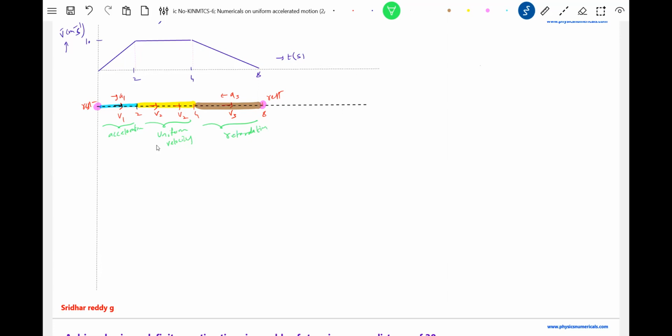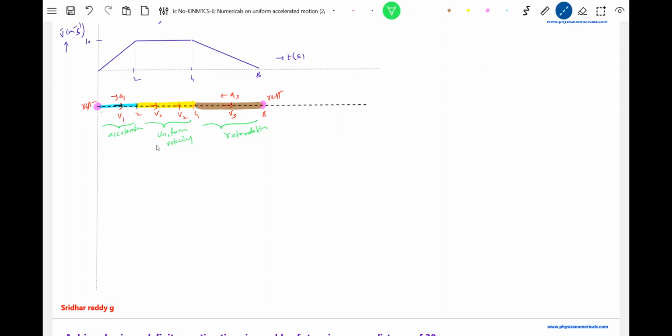Then retardation, and finally comes to rest. See, it is simple. You start the bike, you increase the speed, move with a constant speed, then put brakes and come to rest. This was this motion.